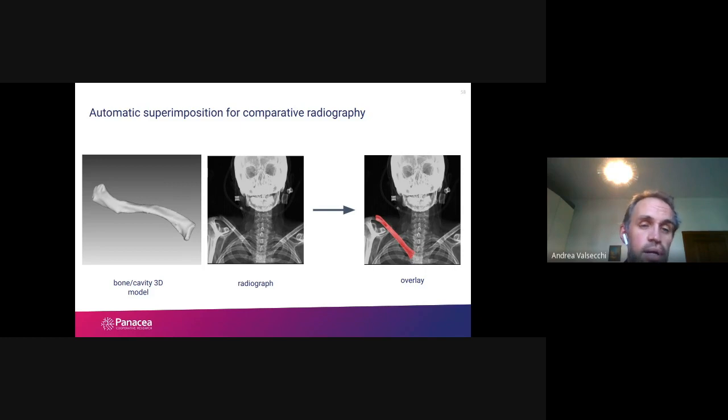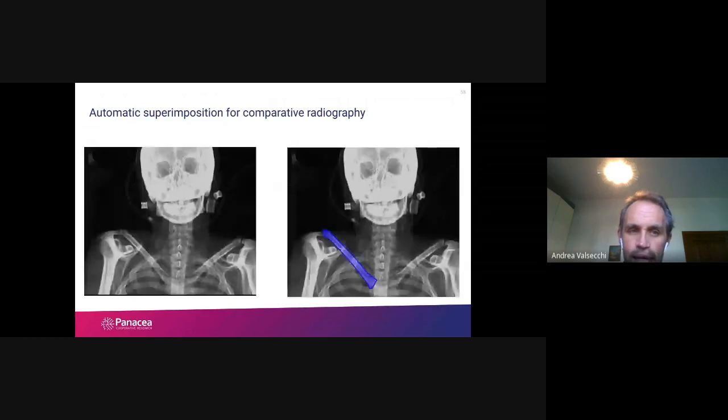Instead, we are going to use the silhouette, the external shape of the bone. So the first thing we need to do, instead of marking landmarks, is mark the shape of the bone that we want to use. In this case, it is the clavicle, which I've highlighted in blue in this radiograph.